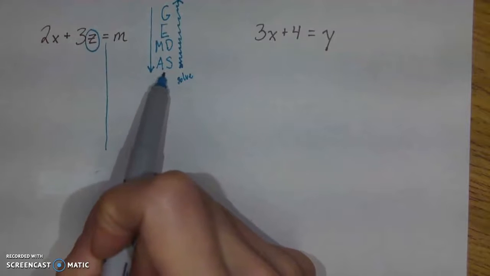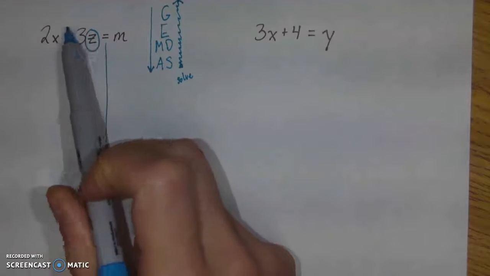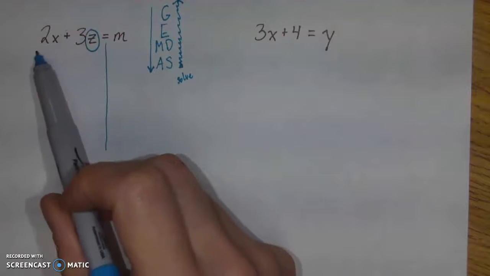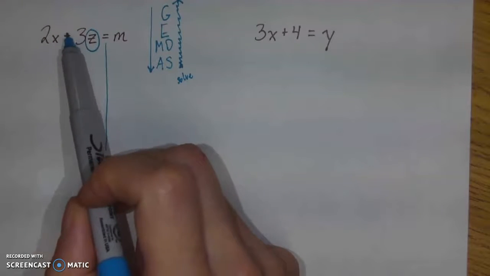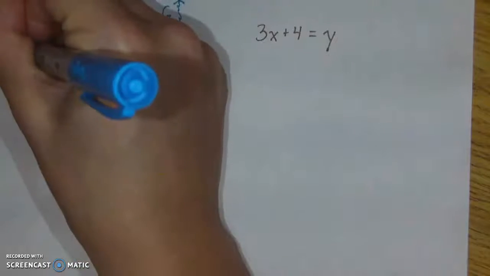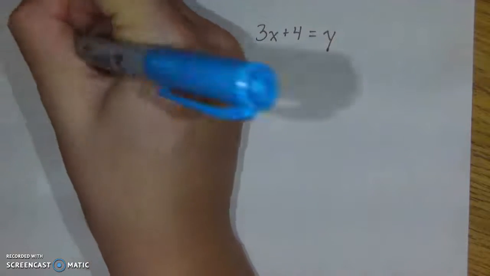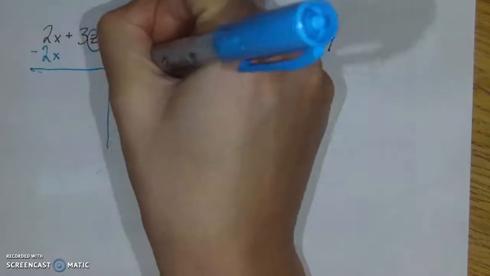So that means I'm going to start by eliminating any addition and subtraction around the z. Any addition and subtraction really just applies to this 2x, because that was added to the 3z term. So I want to subtract, or undo, that addition of 2x, and I'll subtract that 2x from both sides.